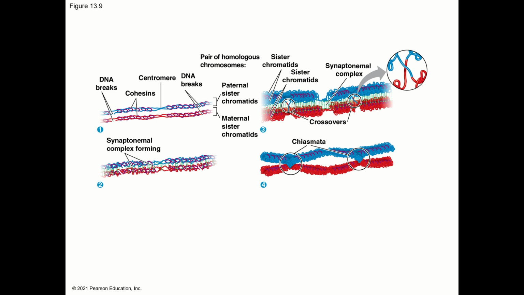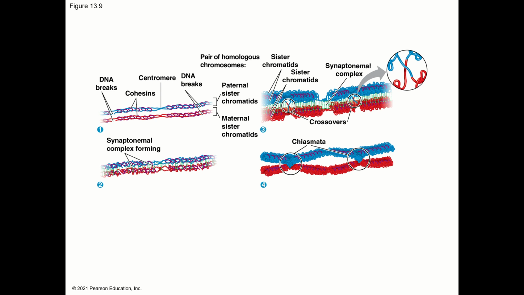And here we have a chart displaying that. We're in part 1. On the top left, we have DNA breaking, cohesins binding, the centromere still being the point where those sister chromatids are together, and then DNA breaks as well. There's one set that is the paternal sister chromatids and one set of sister chromatids that are maternal. During stage 2, the synaptonemal complex begins forming.